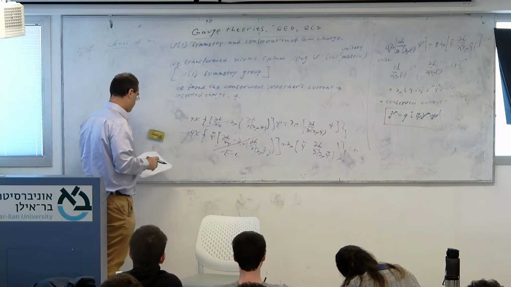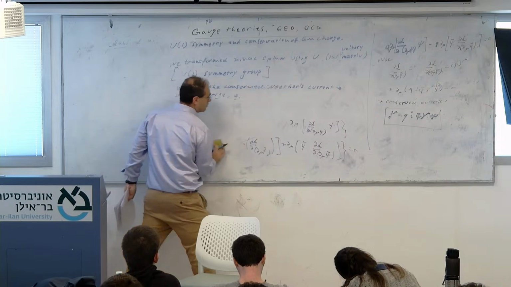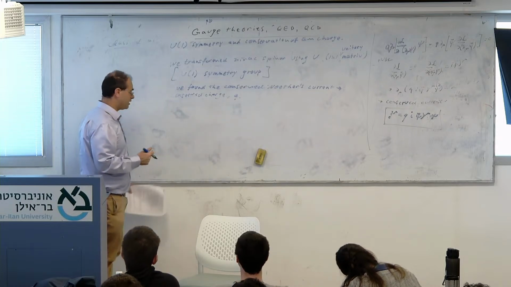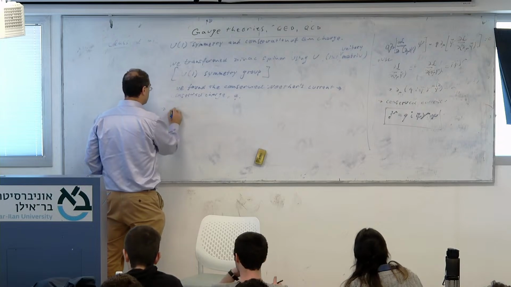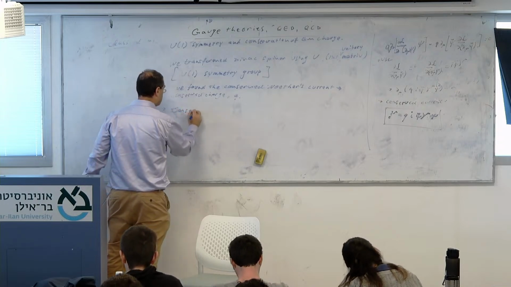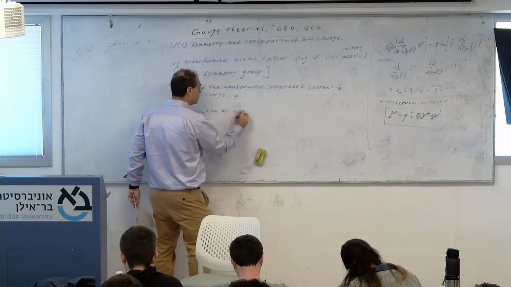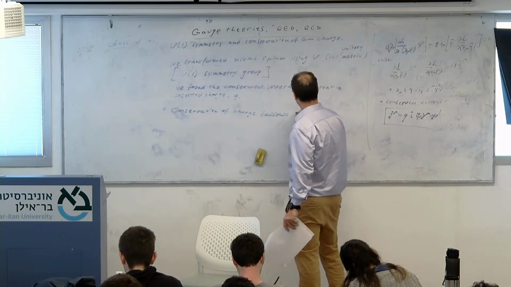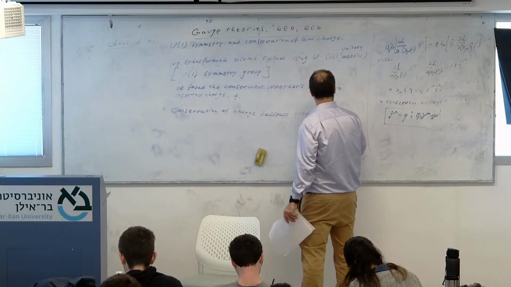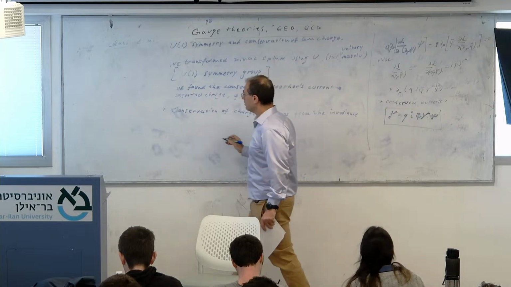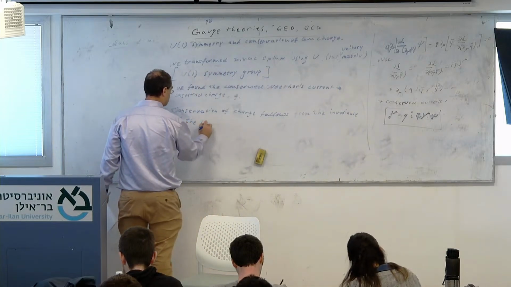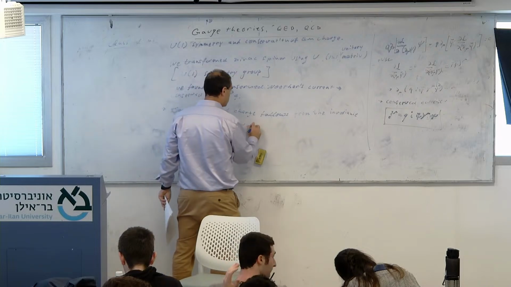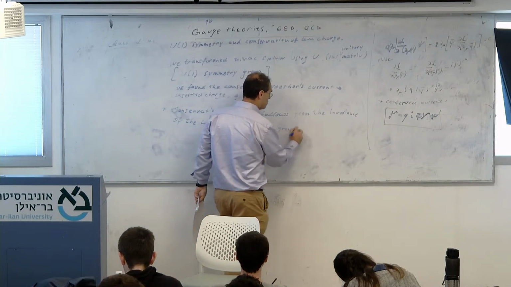So we say in math lingo that the conservation of charge follows from the invariance of the Lagrangian under the group U1.